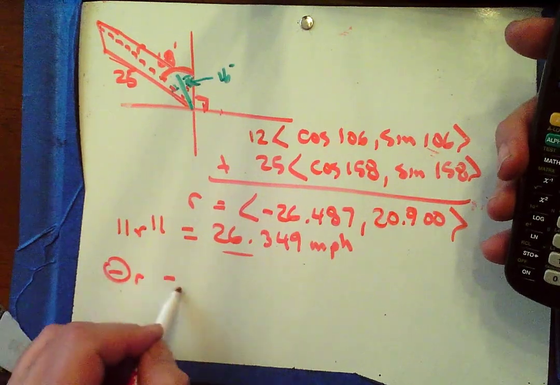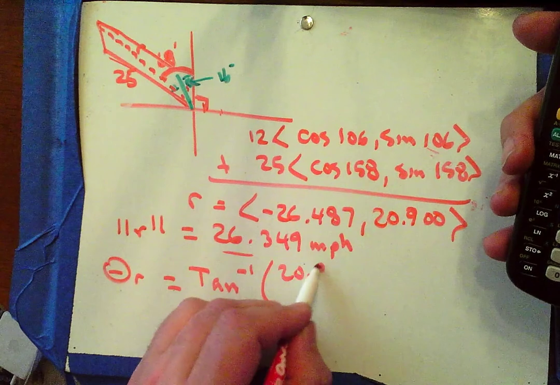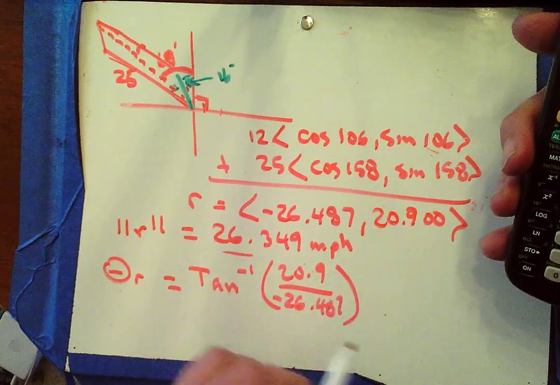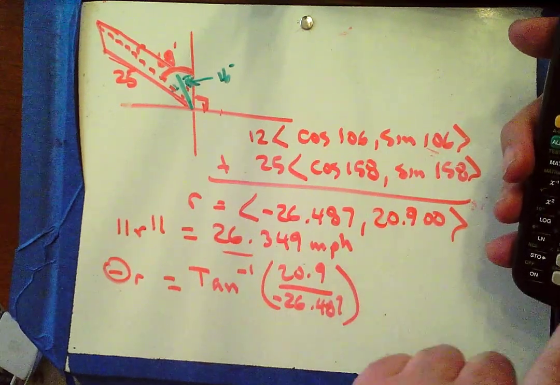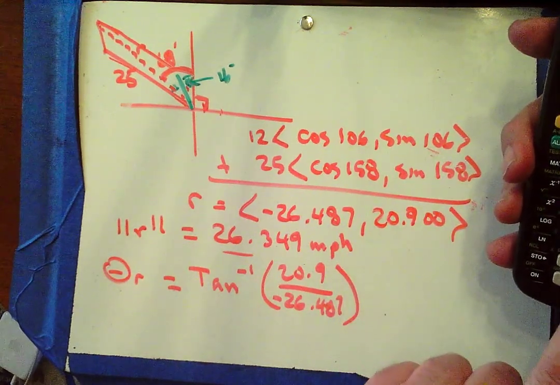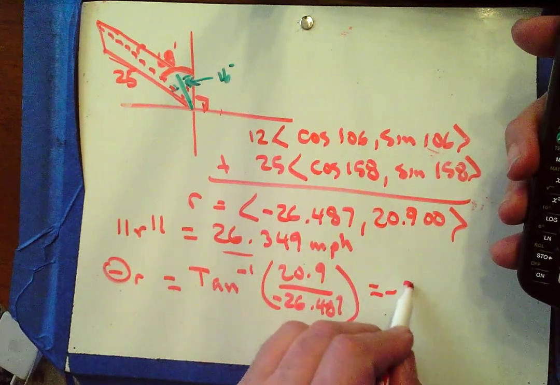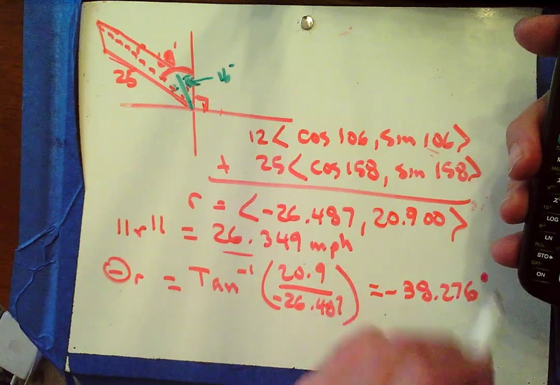Now, what about theta r? We want inverse tangent of 20.9 over negative 26.487. So inverse tangent 20.9 divided by negative 26.487. And I get negative 38.276 degrees.